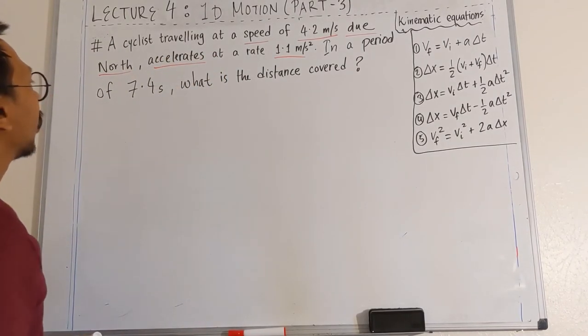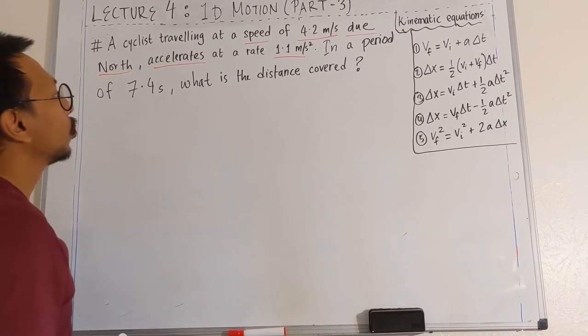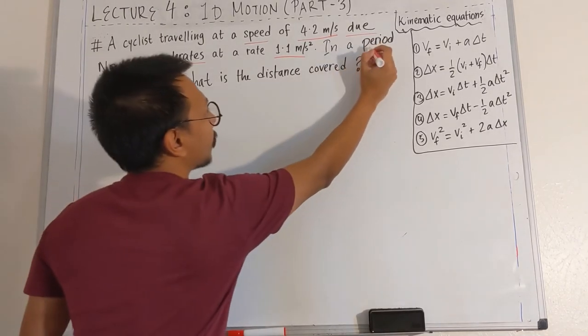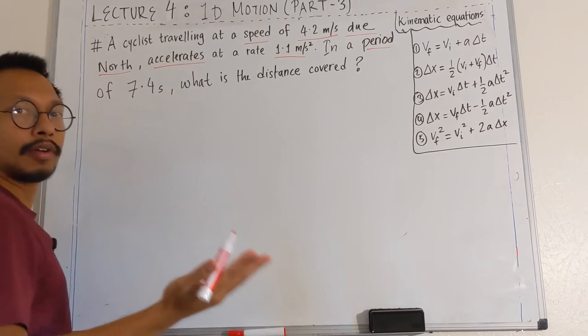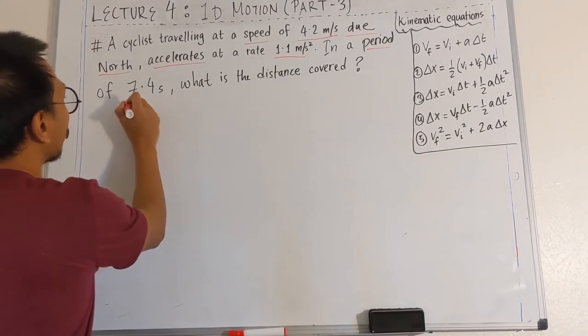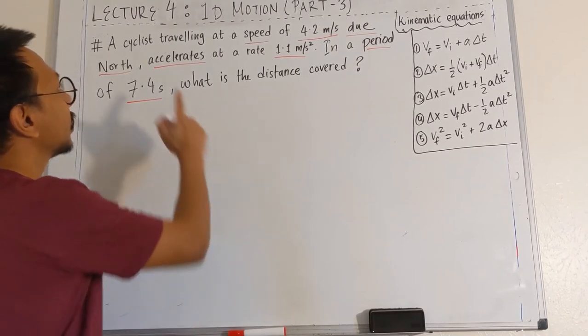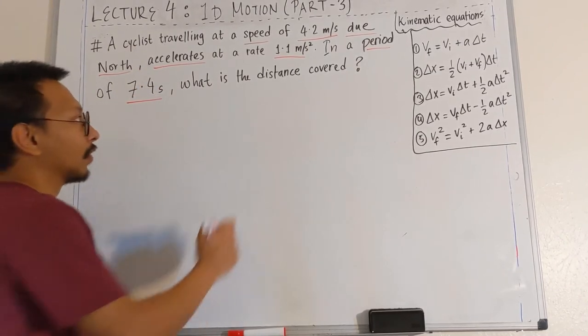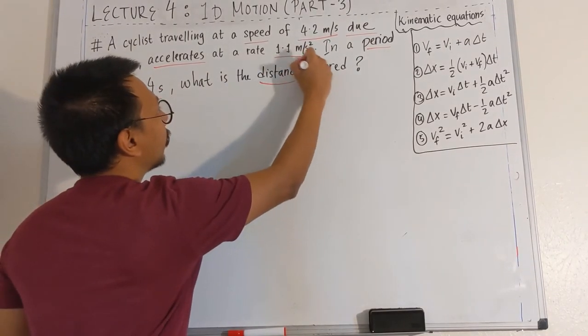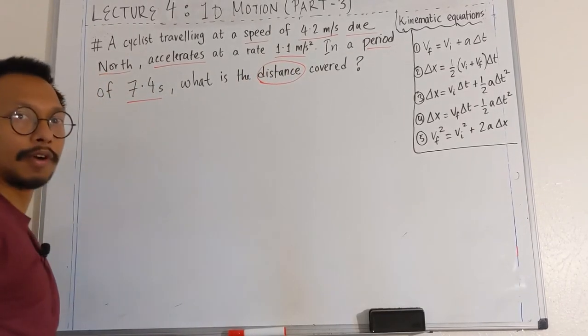In a period of 7.4 seconds, what is the distance covered? So period is another word for time. So in 7.4 seconds time, what is the distance that the cyclist covers? So our target variable is the distance covered, okay?